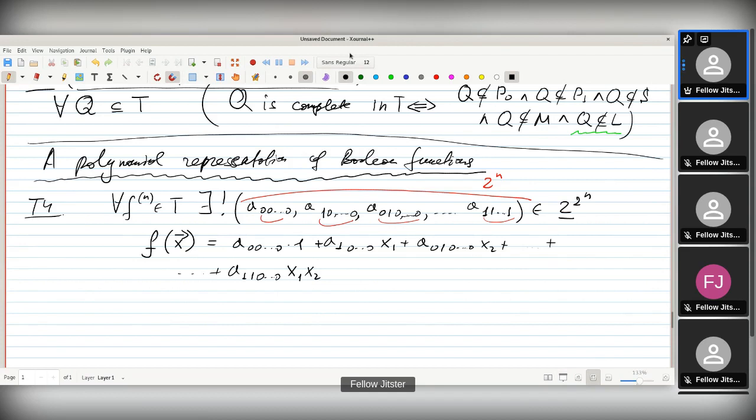If I have a monomial consisting of x1 and x2, I will take unities just on positions 1 and 1. And so on. And the last coefficient with indices 1, 1, 1, 1 corresponds to the monomial that includes every variable.